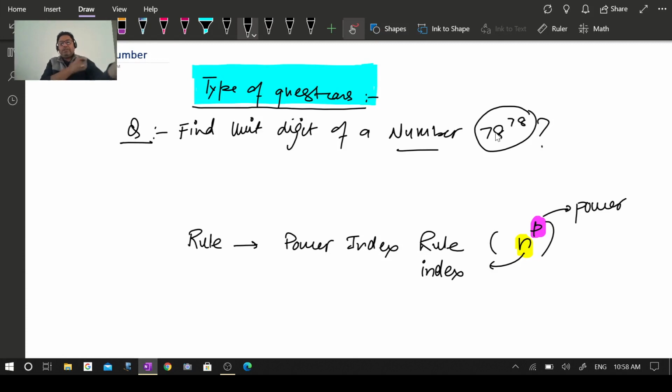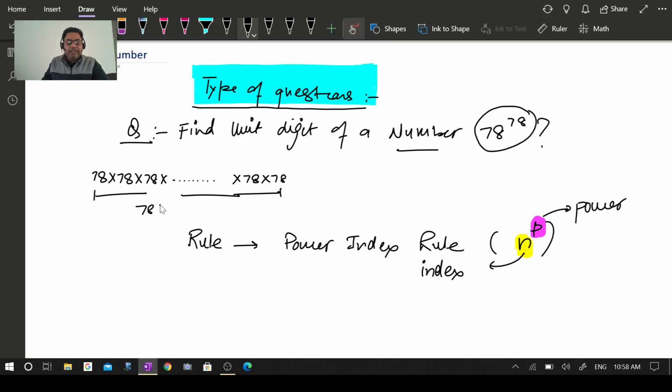Now you have to understand this 78 to the power 78 unit digit. I mean to say is that 78 into 78 into 78 and it goes on like this, 78 and 78. If we multiply it for 78 times, what would be the unit place of this number?